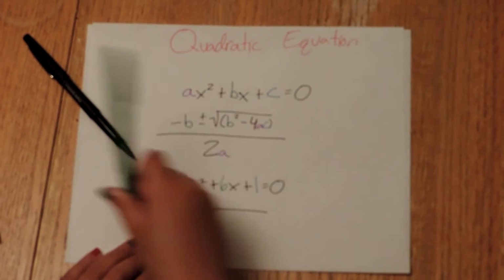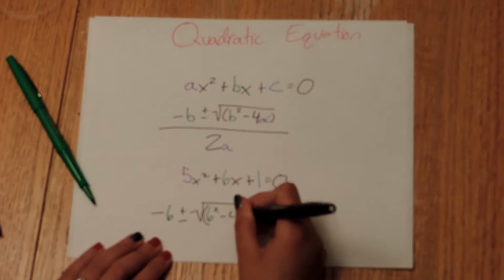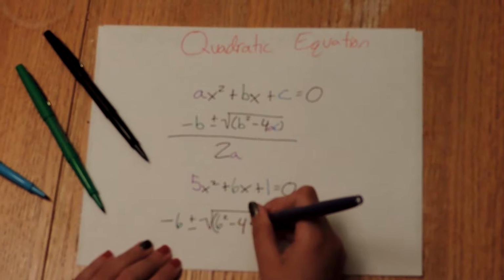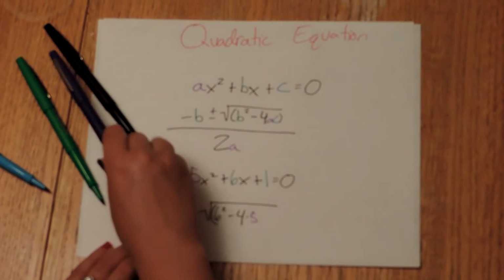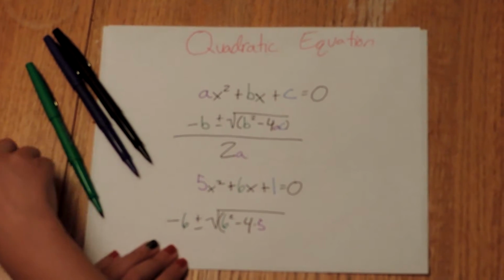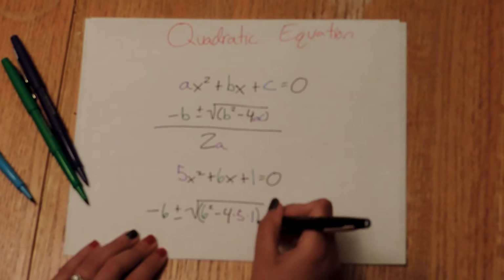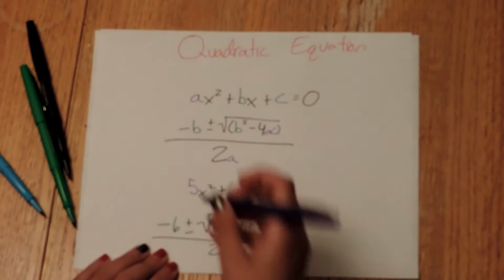6 squared, oh, let's not forget our parentheses, minus 4, our a is 5, and when we don't write anything in, we mean we're multiplying. So 4 times 5 times 1. And all of this is going over 2 times 5.